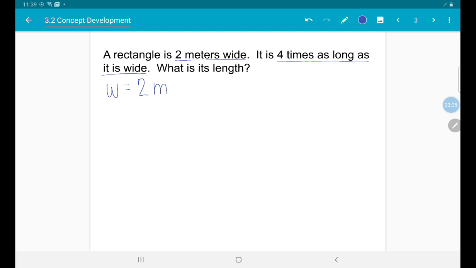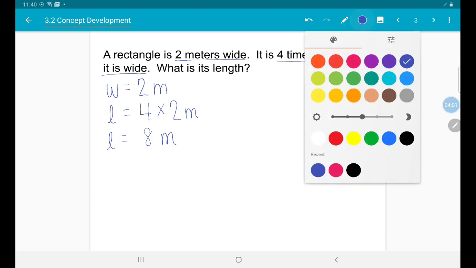I know that the width, it told me already that the width is 2 meters. So I do not know the length. That's what I'm solving for. What is the length? But the problem tells me that it is 4 times as long as it is wide. The width is 2 meters. We know that from our problem. So I would solve by finding 4 times 2 equals 8.